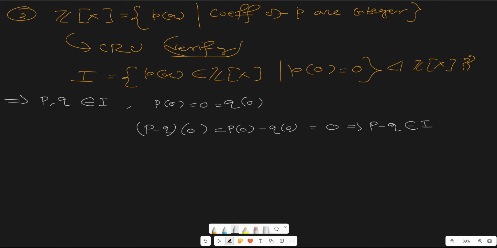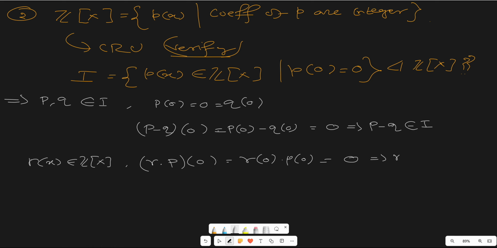Now you'll have to show that if you have R(x), let R(x) be a polynomial in Z[x], you pick it from Z[x], right? And you have to show that (R·P) at 0 is going to 0. That's it. So (R·P) at 0 is just R0 into P0, and P0 is 0, R0 is whatever, a finite quantity, and P0 is 0, this is giving 0.